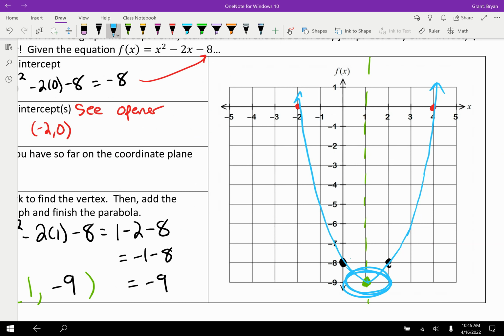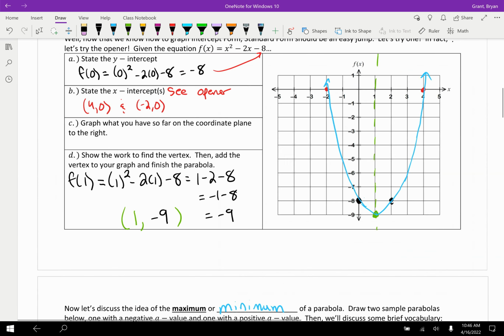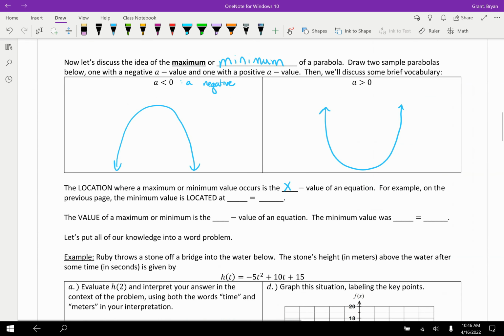Well, clearly it's this point because that is the lowest point on the parabola. Where does it occur? Well, the location of the minimum occurs at x equals 1. And so we can even label our 2 graphs up above. This point up here is going to be the maximum value of the parabola. It's the biggest it ever gets. And this guy over here is going to be, of course, a minimum.